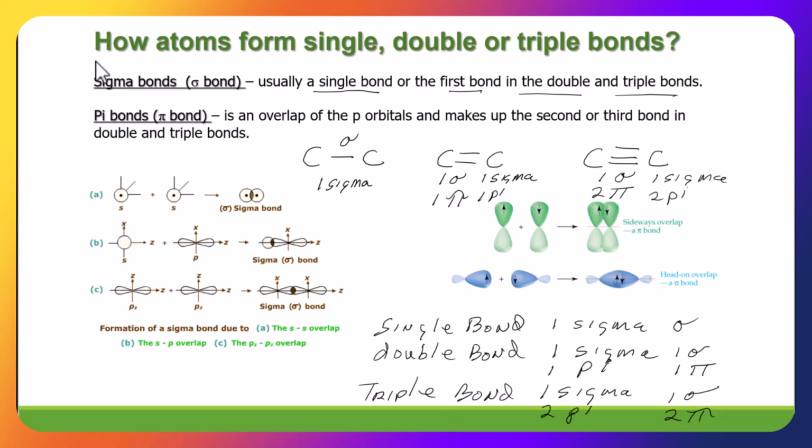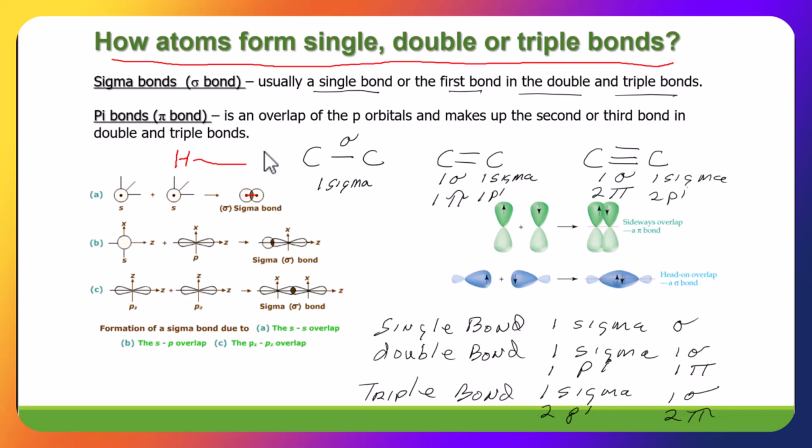Okay, let's talk about sigma and pi bonds. So how atoms form single, double, and triple bonds. I'm going to show you some shapes, how they form bonds, and then we're just going to talk about sigma and pi bonds. Now, anytime you have two nuclei that are lined up with each other, and that would include something like H2, okay?